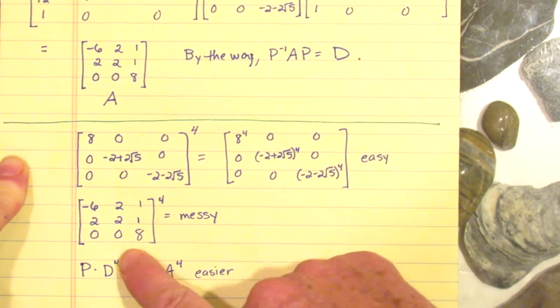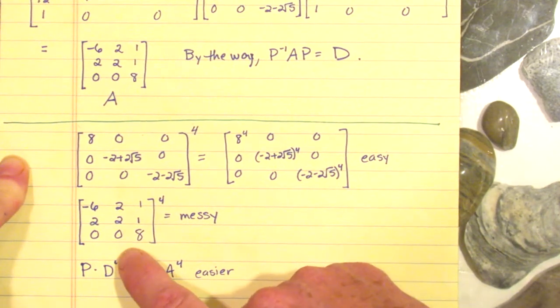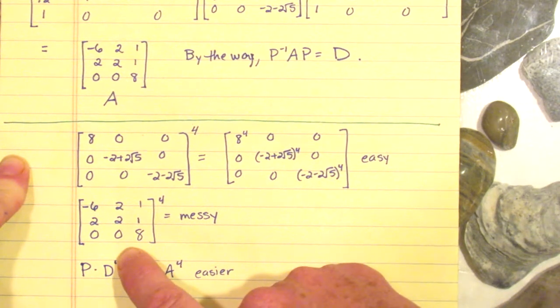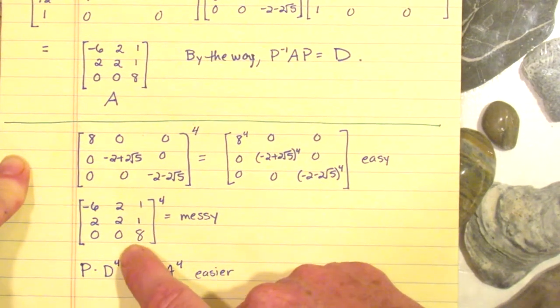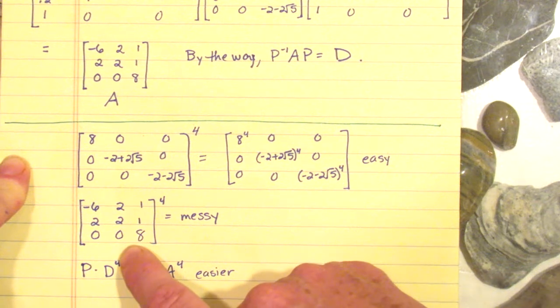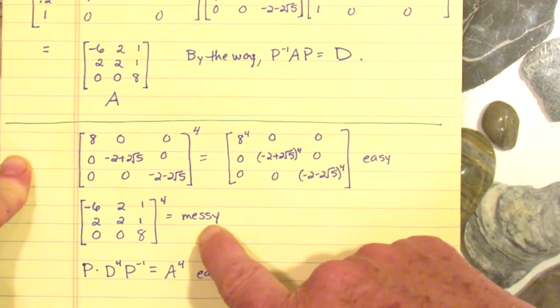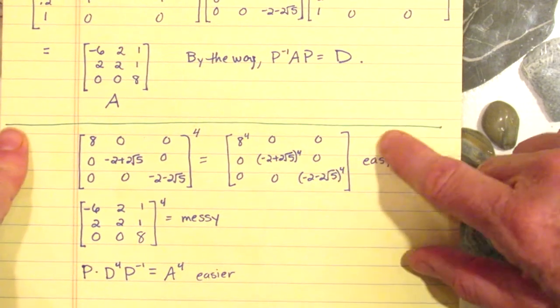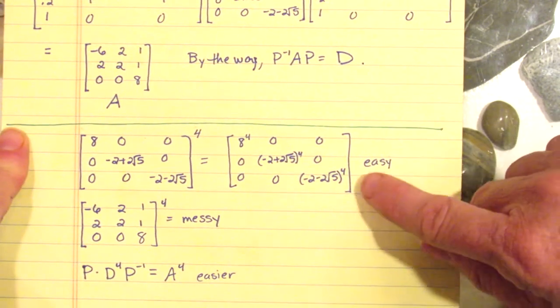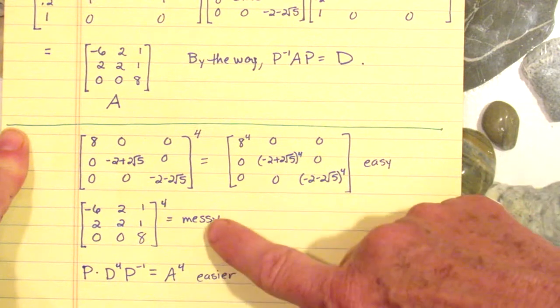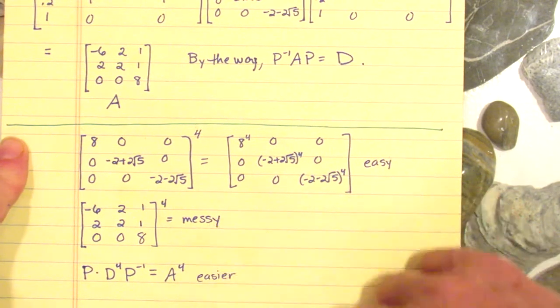If you actually tried to work through raising this to the 4th power, and you took 4 of these and multiplied them together and did all of the matrix multiplication, it's messy. It's messy for a computer to do too. Like it's quicker and easier for a computer to be programmed to do this than to do this.